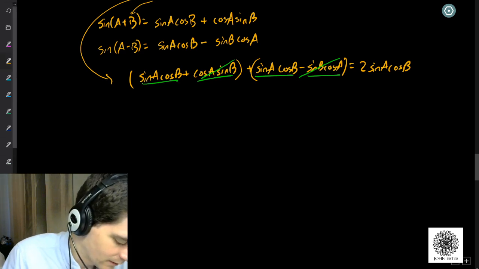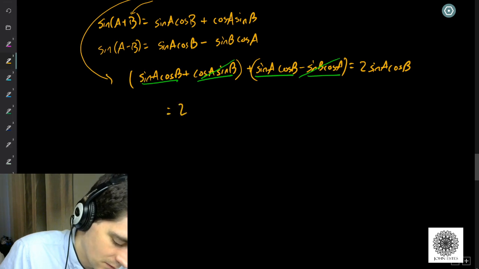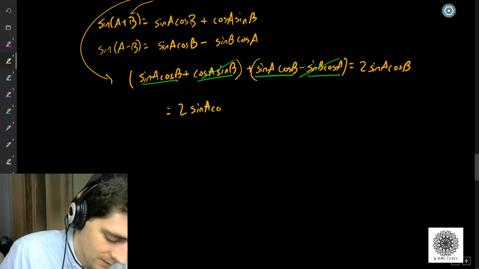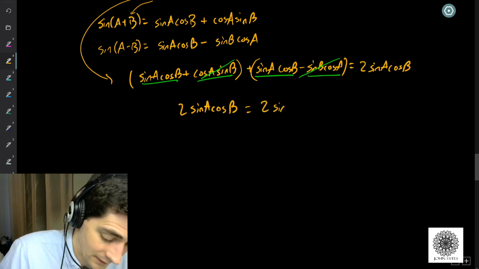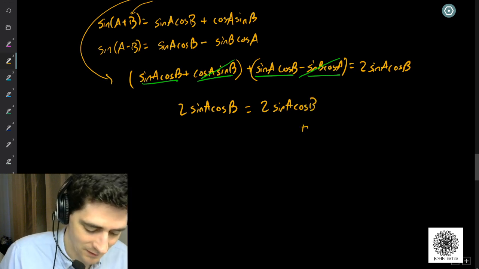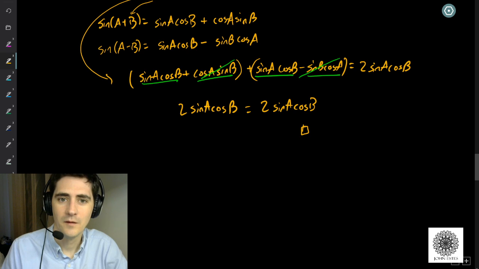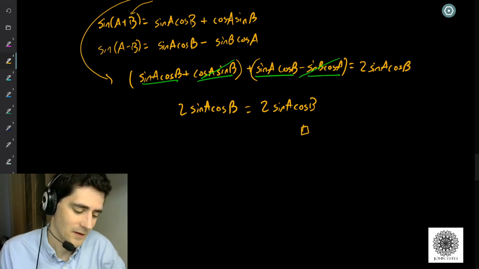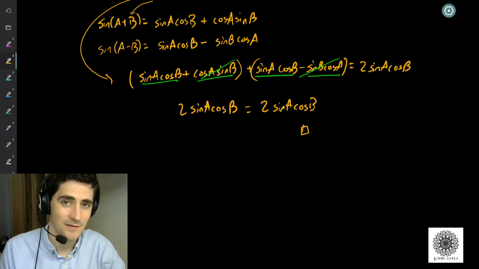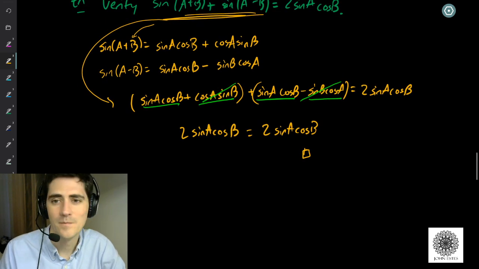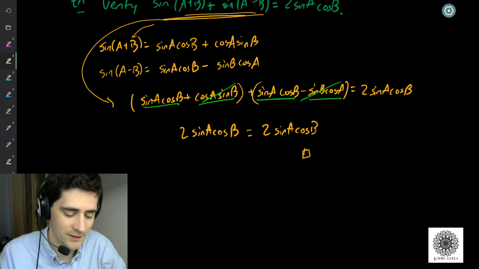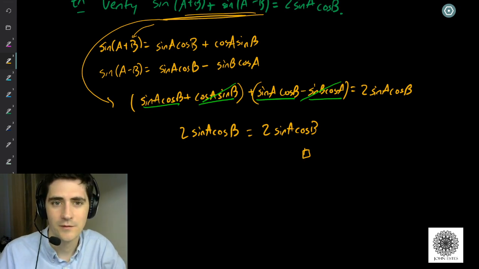So I end up with 2 times sine a cosine b equals 2 sine a cosine b. And I believe that's a true statement. So there it is, we've verified it. Now, verifying identities with sum and difference identities can be complicated. We won't do a lot of them, but I did want you to see one. I want you to see how it goes.